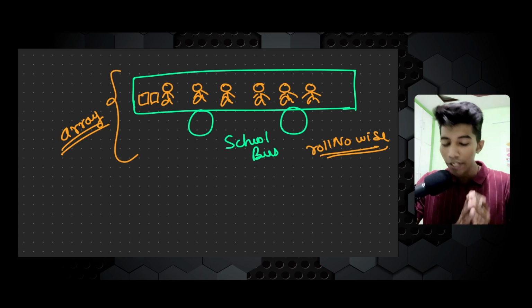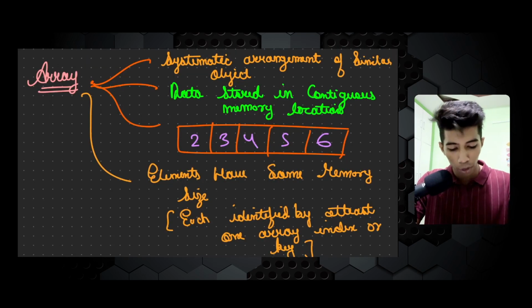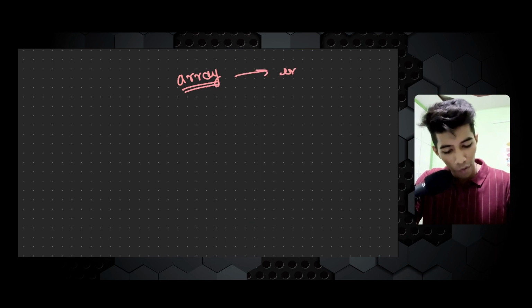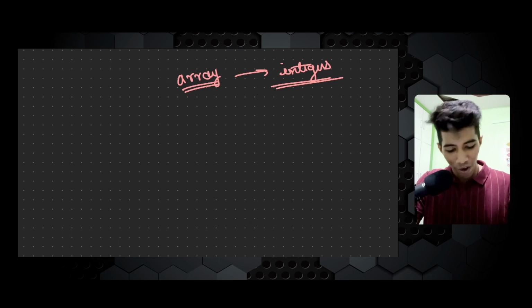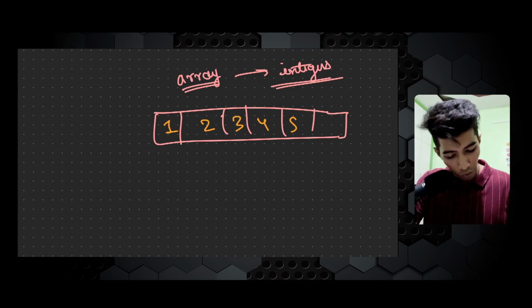An array contains similar elements, or a similar group of elements, in contiguous memory locations. If I create an array of integers, it will look like this: 1, 2, 3, 4, 5 and 6.